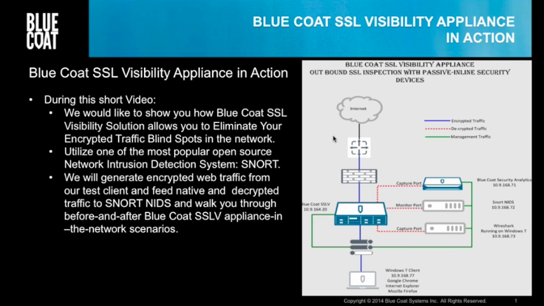So folks, this is where we started, and we looked at a use case where we used SSL Visibility Appliance, which was serving the decrypted traffic, which was transparent to the user, to Snort. And at that time, Snort was able to utilize its engines to detect anomalies on the network or the bad traffic and raise an alert, which it's supposed to do.